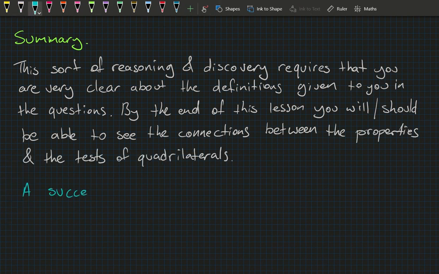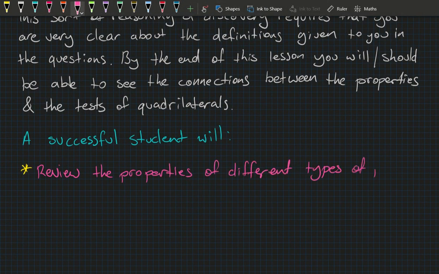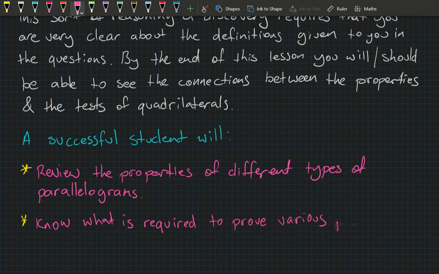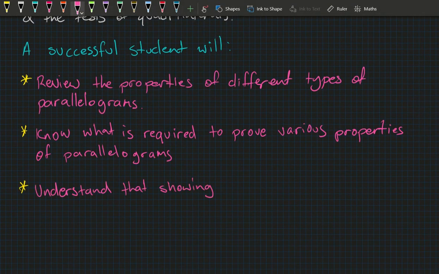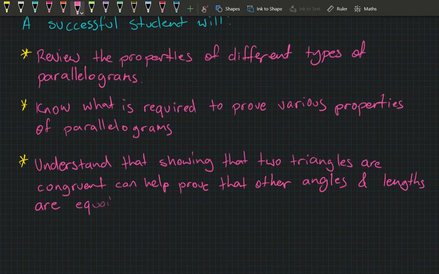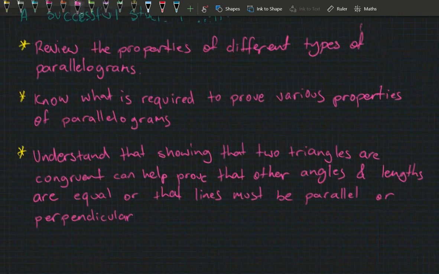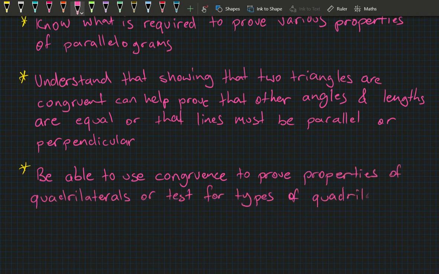And that means that a successful student will review the properties of different types of parallelograms, know what is required to prove various properties of parallelograms, understand that showing 2 triangles are congruent can help prove that other angles and lengths are equal, or that lines must be parallel or perpendicular. And finally, be able to use congruence to prove properties of quadrilaterals or test for types of quadrilaterals.